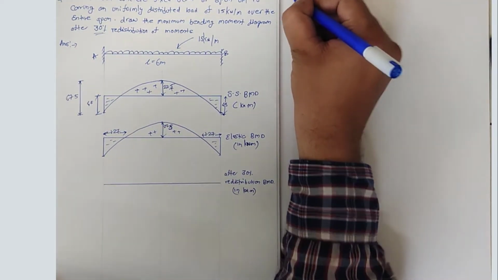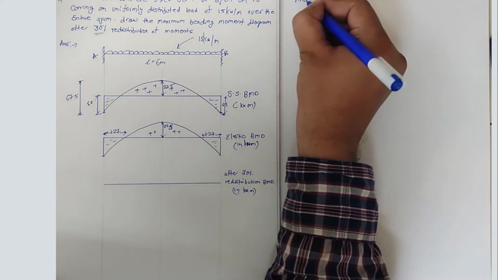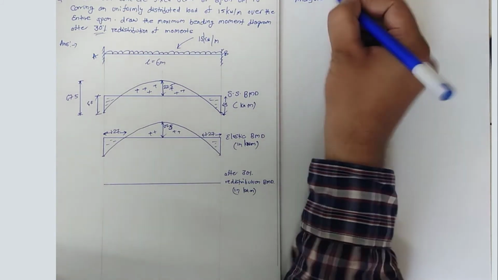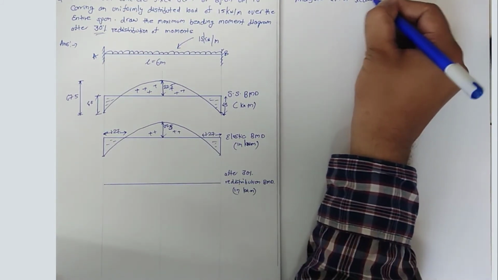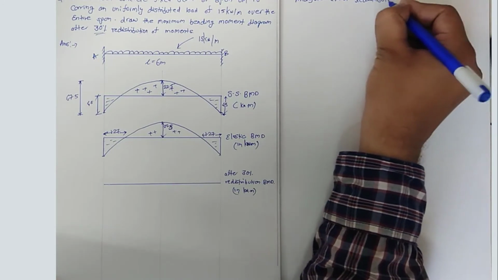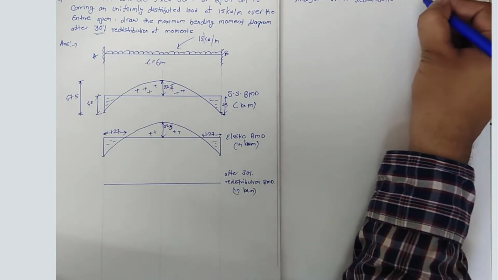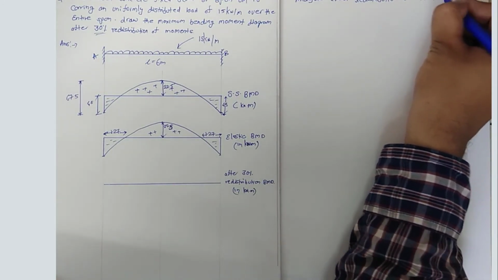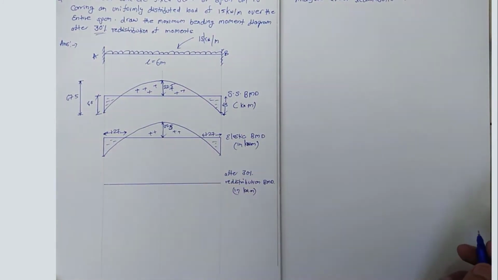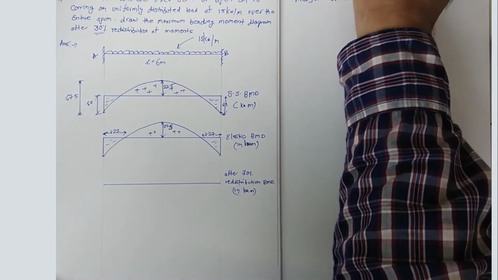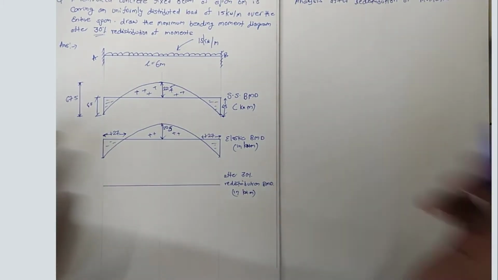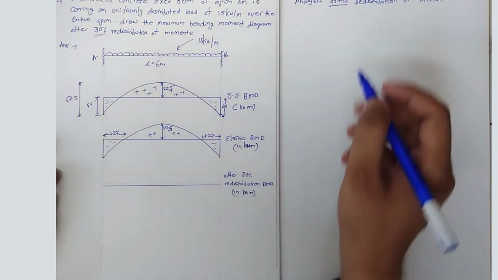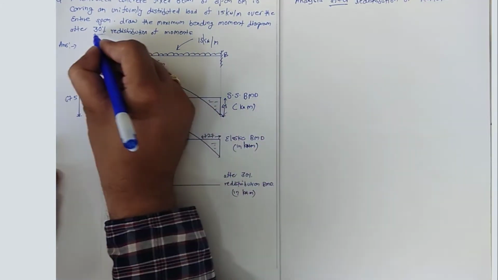So I write it here: analysis after redistribution of moments. In the numerical it is given as 30%.